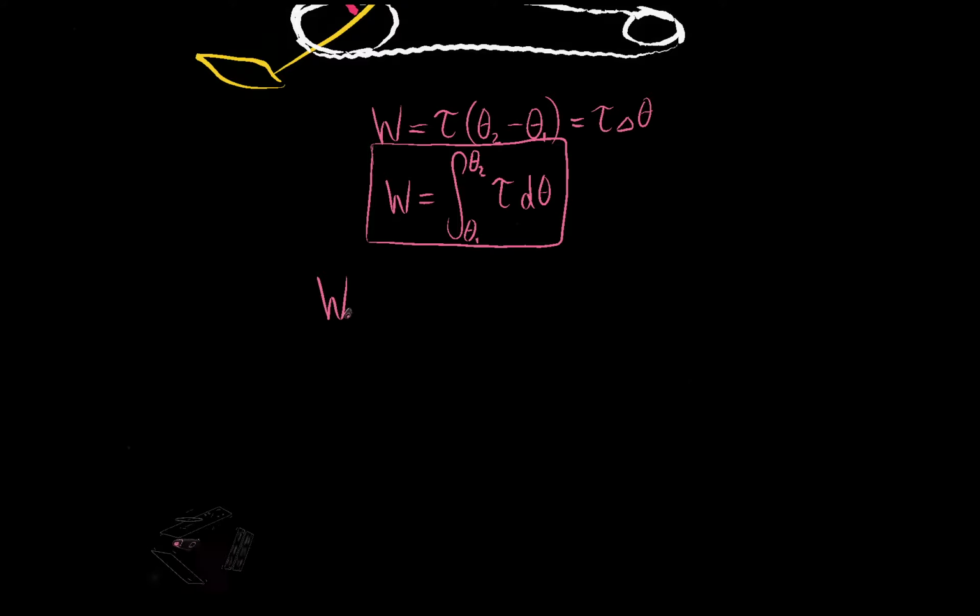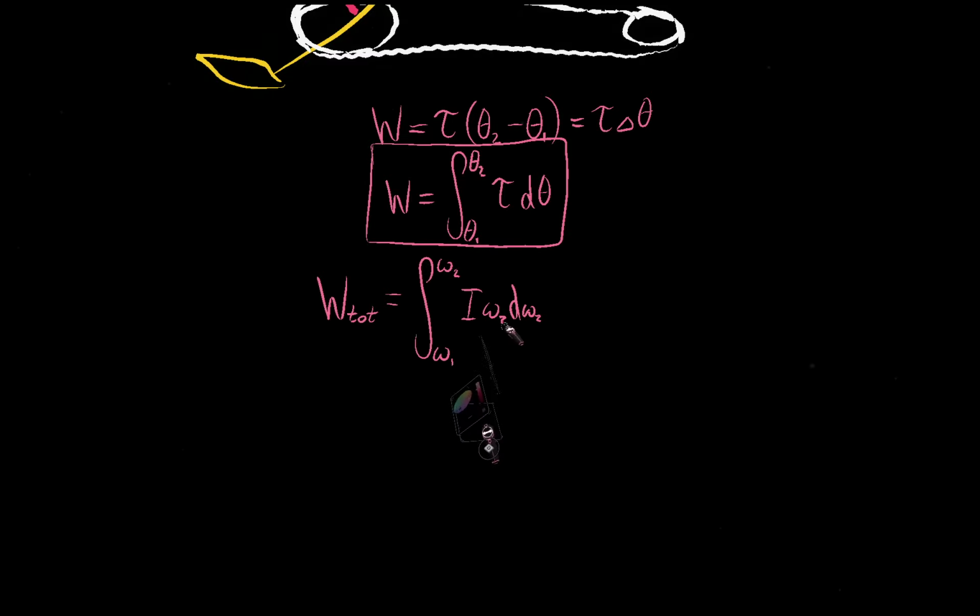Work total is equal to, from omega 1 to omega 2, I omega z d omega z. I guess I haven't been writing these, so I won't add them now.